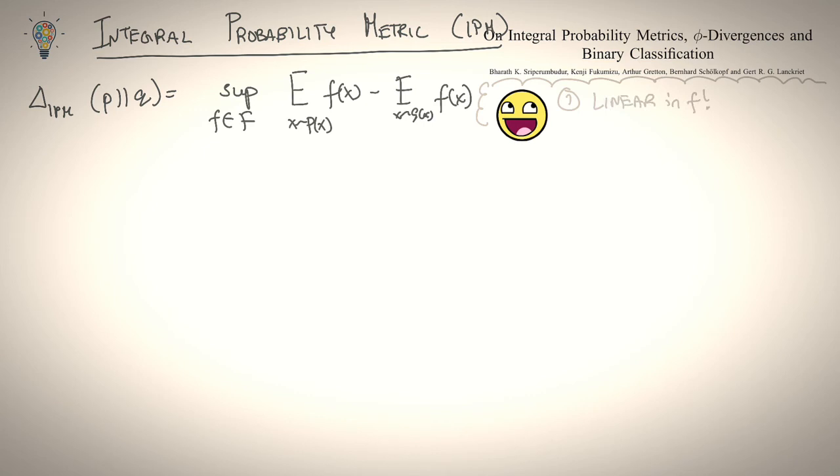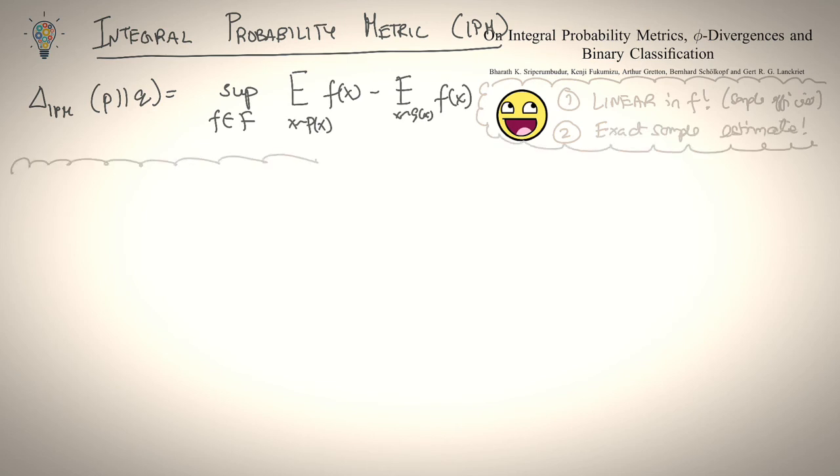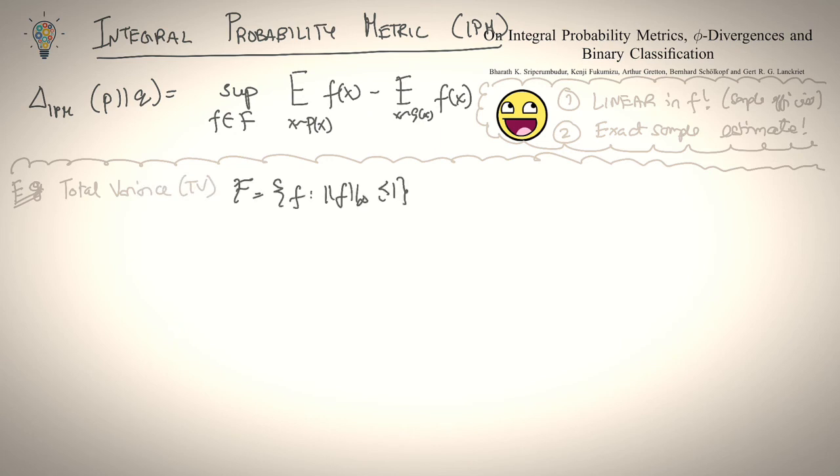So it's a lot like the estimator we've been looking at, but this is directly the definition of IPM. It's not an estimate. The wonderful thing about IPM is it's linear in f, right? It's sample efficient to estimate, and it's not an approximation. It's the exact metric, which was the first thing we wanted in our desiderata. Okay, so an example of IPM is total variation metric. It's pretty popular, where the class of functions has the L infinity norm bounded by 1.